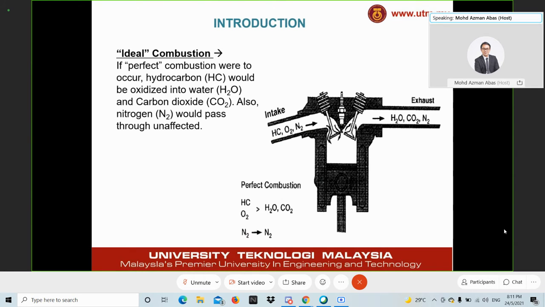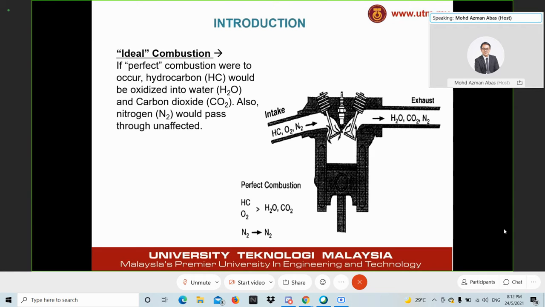Now let's talk about ideal combustion, which in reality doesn't happen. A perfect combustion, in reality, doesn't happen. This is just to understand the benchmark, what we are targeting, what we want to achieve, even though we cannot achieve it.